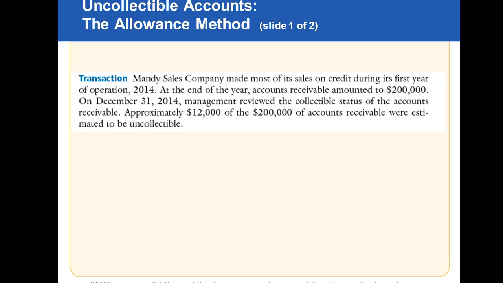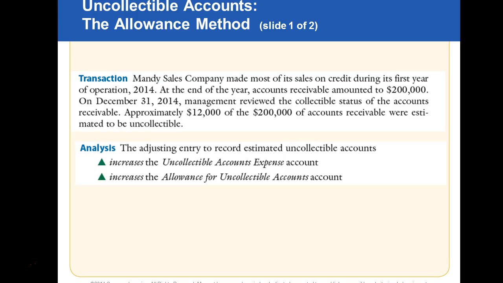So let's look at this example here. Mandy Sales Company made most of its sales on credit during its first year of operation in 2014. At the end of the year, the accounts receivable balance amounted to $200,000. On December 31st, management reviewed the collectible status of the accounts receivable, and approximately $12,000 of that $200,000 was estimated to be uncollectible. So sitting on the books is $200,000, but management feels pretty certain $12,000 of it isn't going to happen. We're not going to get the money.